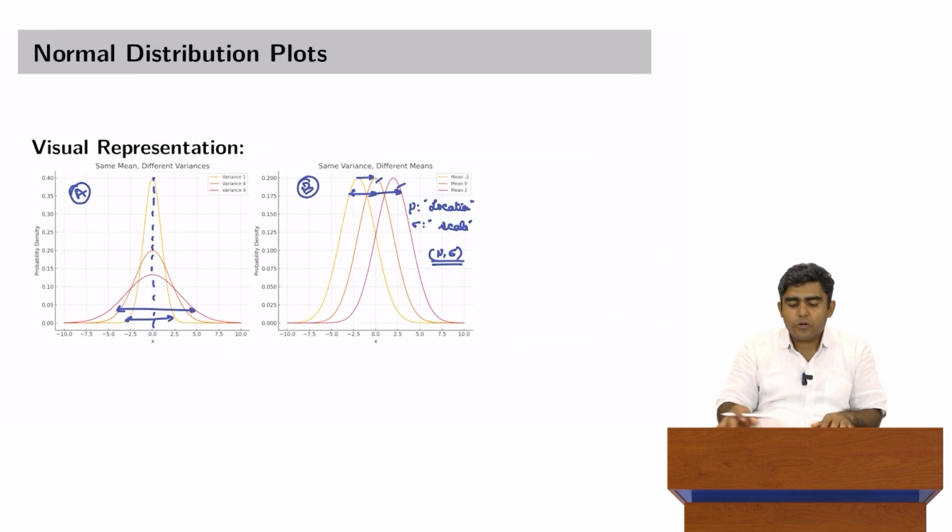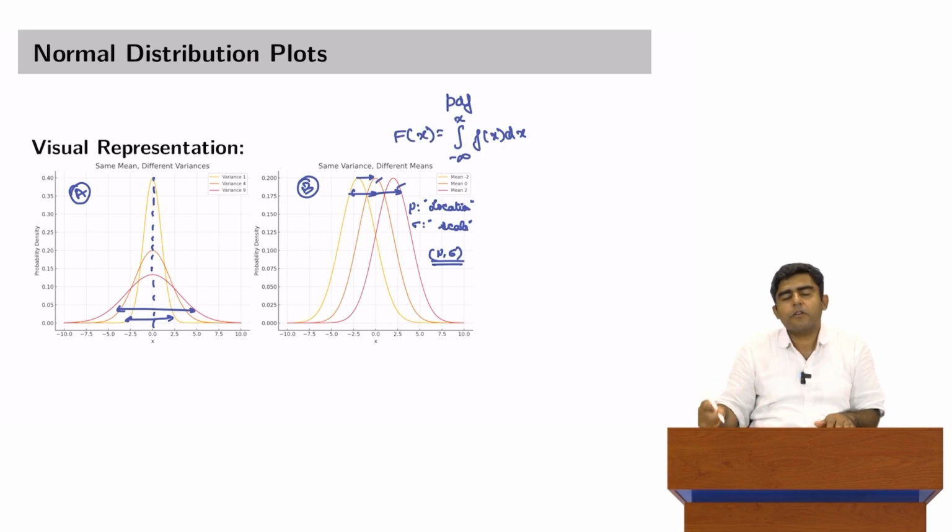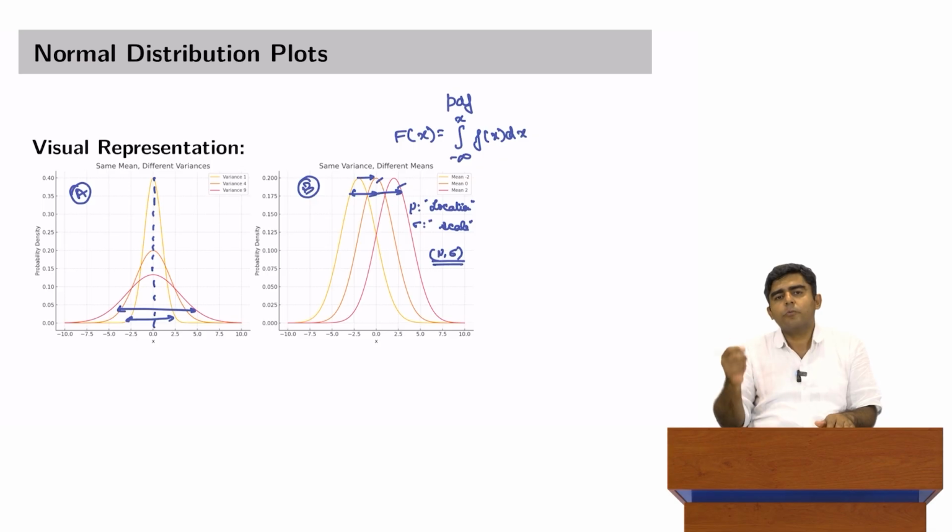Now, if you recall from our last discussion, when we talked about PDFs and CDFs, we learned that given a PDF, if we integrate the PDF up to a point of interest, let us say from -infinity to x, we get another function, which we call capital Fx, which is also the CDF or cumulative distribution function.